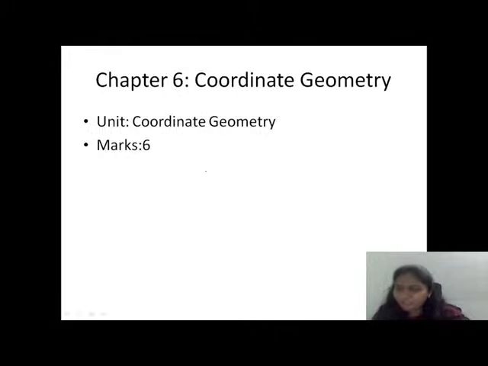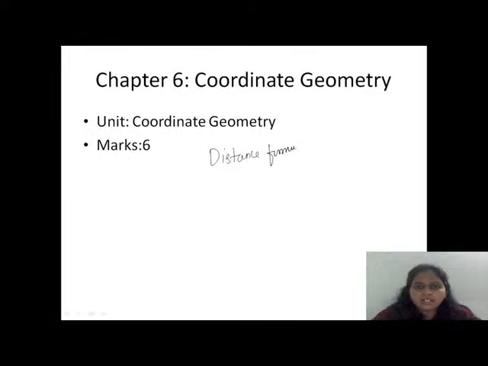The one and only super duper formula of this chapter is the distance formula. What is the distance formula here? Root of x2 minus x1 whole square plus y2 minus y1 whole square. This is the distance formula.